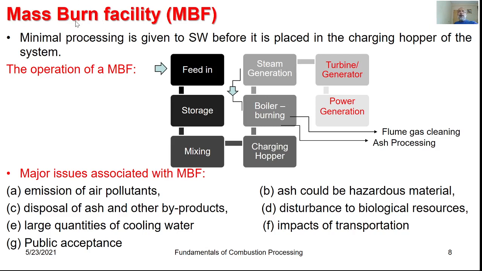So here the waste would be received as it is, stored, mixed, and charged to the hoppers, burned in the boilers, heat would be generated, the steam would be used to run the turbines, and in turn the power will be generated.